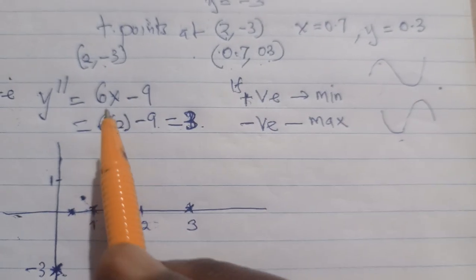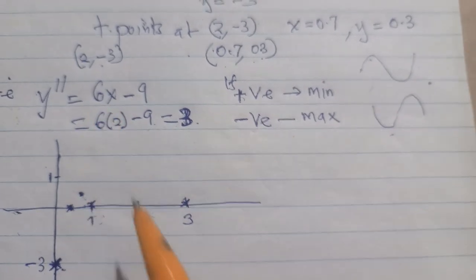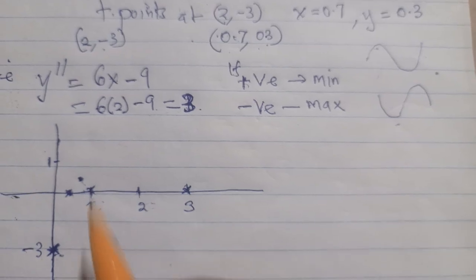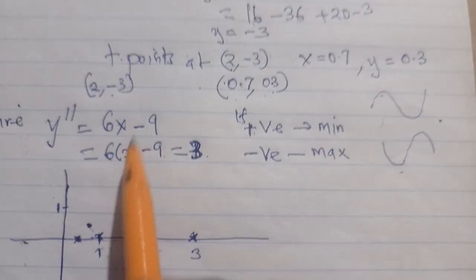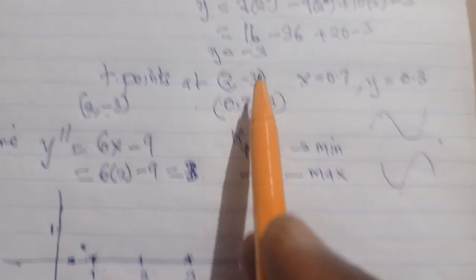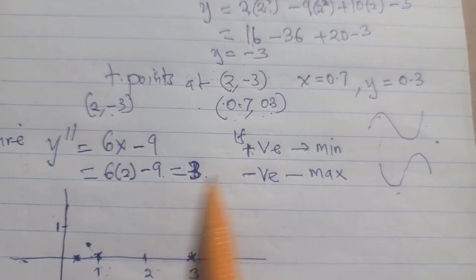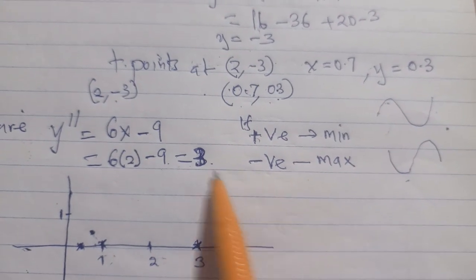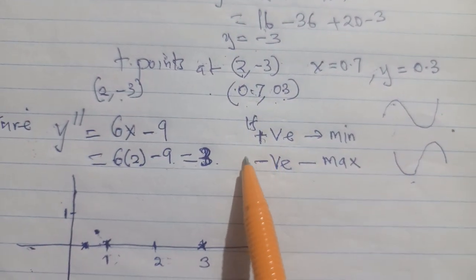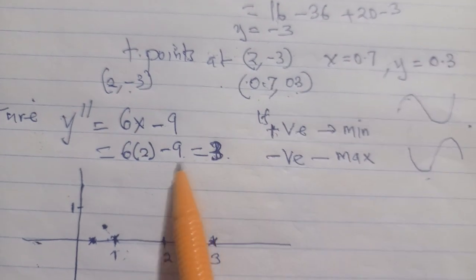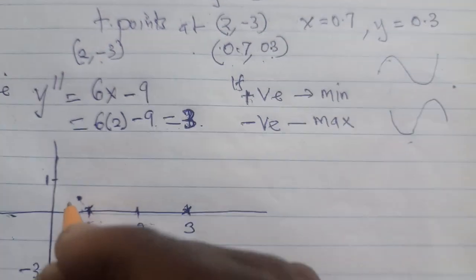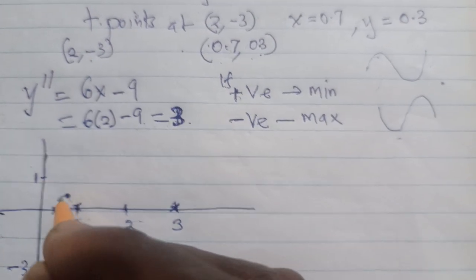Then the other turning point is (2, -3). We said that the turning point (2, -3), which we inspected here, was a minimum because it was positive. So the other one is a maximum. So you come and indicate here.